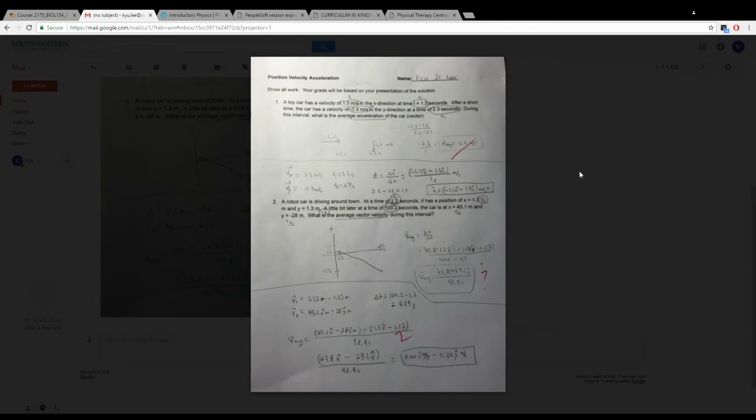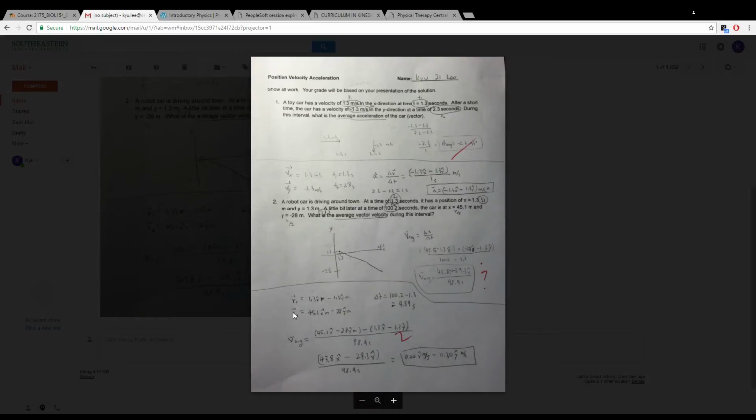For the second problem, I set the math right, but I forgot to divide the numbers by the delta t, and I did not show my work on how to get to that point.